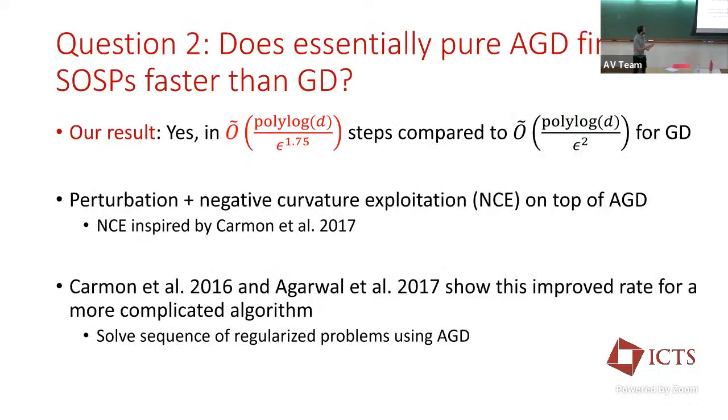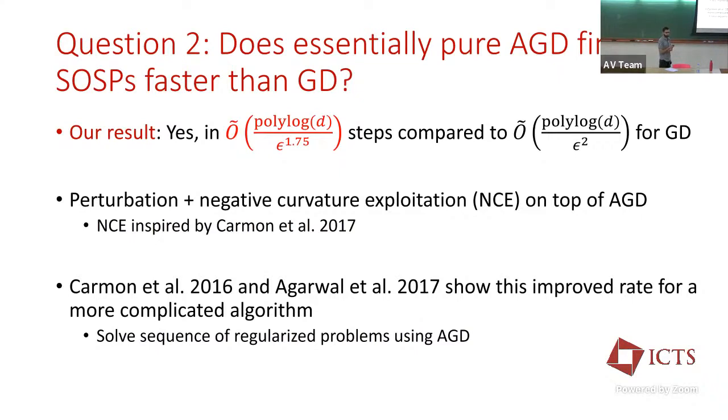The second result I would like to describe today is that we can analyze the same accelerated gradient descent algorithm that we analyzed for the smooth convex optimization setting, and show that it can find a second order stationary point in polylog d over epsilon to the 1.75 steps, compared to polylog d over epsilon squared that we can show for perturbed gradient descent.